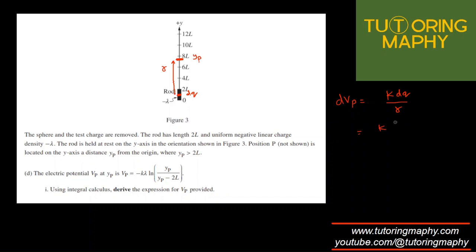What is dq? dq is obviously the linear charge density, which is minus lambda times this thickness. No, the thickness is just going to be dx because we are taking x as a parameter, coming from here at a distance of x. So that's going to be dx over r.